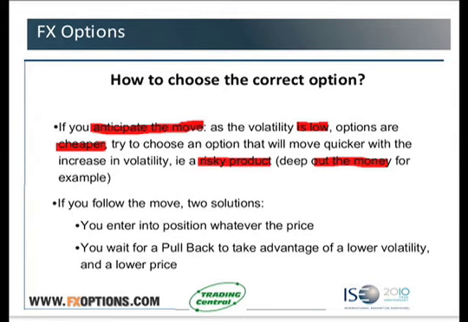But if the pullback never occurs, you are not in position. So this is a choice you should make. Or you can wait for the pullback. The price will come back to the previous support or resistance, and then you can buy your option following the trend. In this case, we take advantage of the lower volatility and a cheaper price.